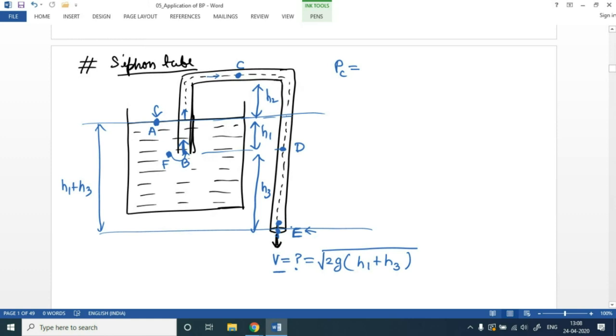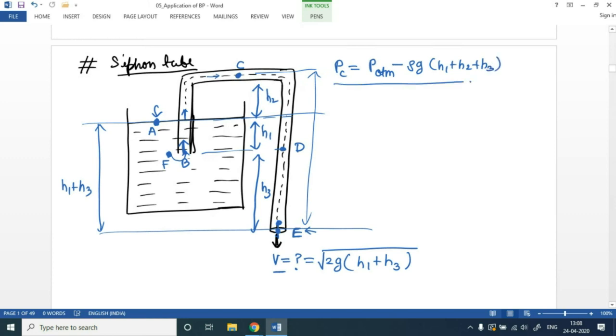So PC, in comparison to this, the pressure at E is PATM, so you can write PATM minus rho G times this difference of level, which is definitely going to be H1 plus H2 plus H3.